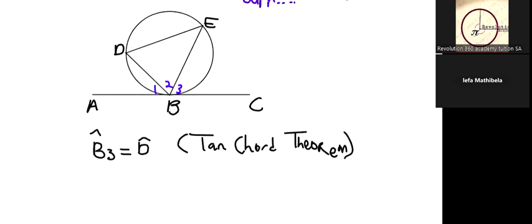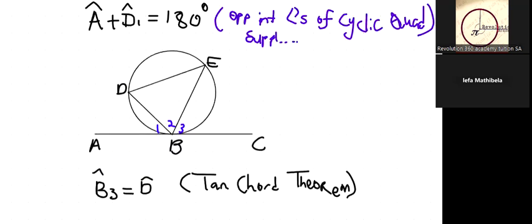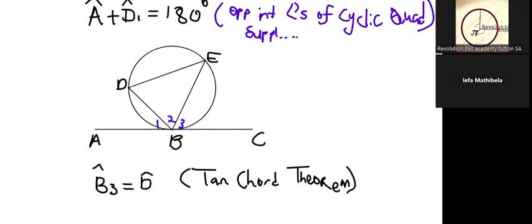Now, knowing that angle B3 is equal to angle D, which is the tan-chord theorem, we can continue, because there's no need for me to draw another diagram. Remember, I said the tangent is a line that touches the circle at one distinct point.